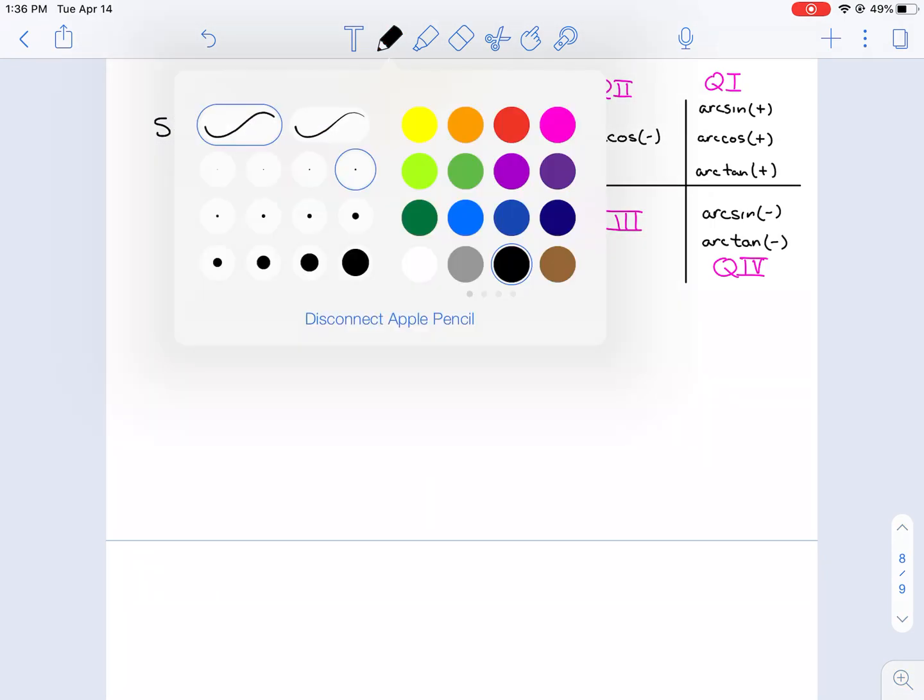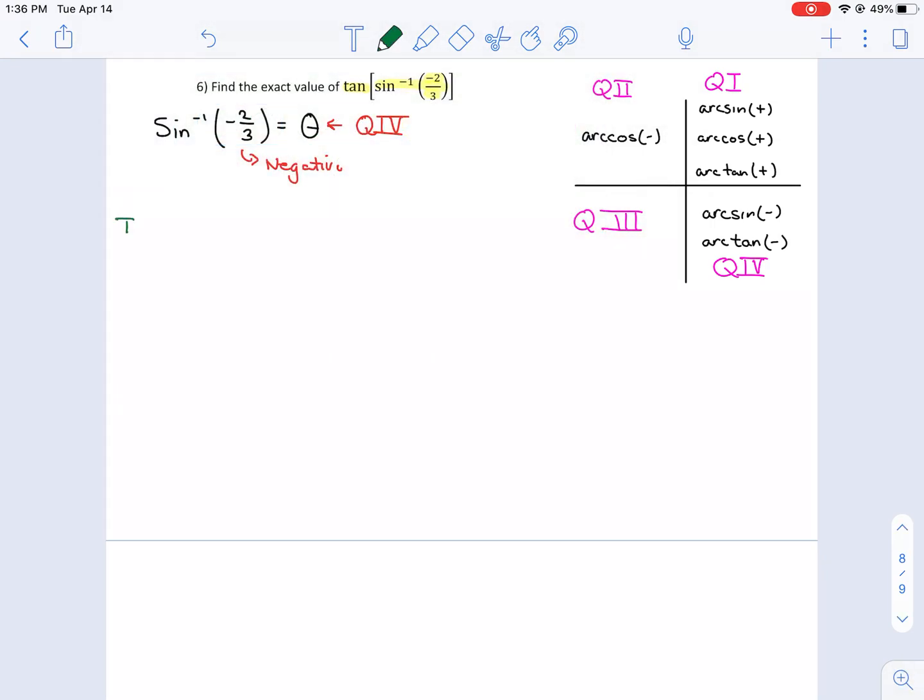So I'm going to write out a sentence. If the inverse sine of negative 2/3 is equal to theta, then sine of theta is equal to negative 2/3.